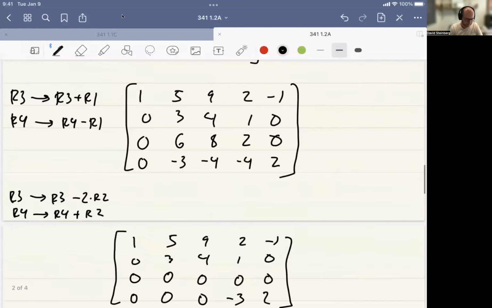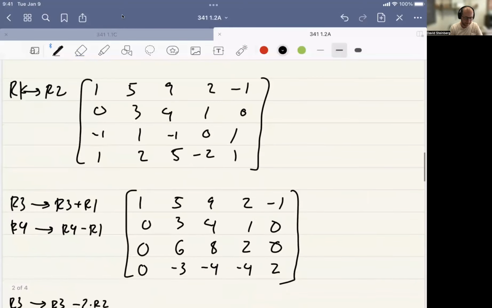And indeed that's what happened. We got a 1 in this position. We performed a couple of row replacements to crush, with power, everything beneath that pivot position.